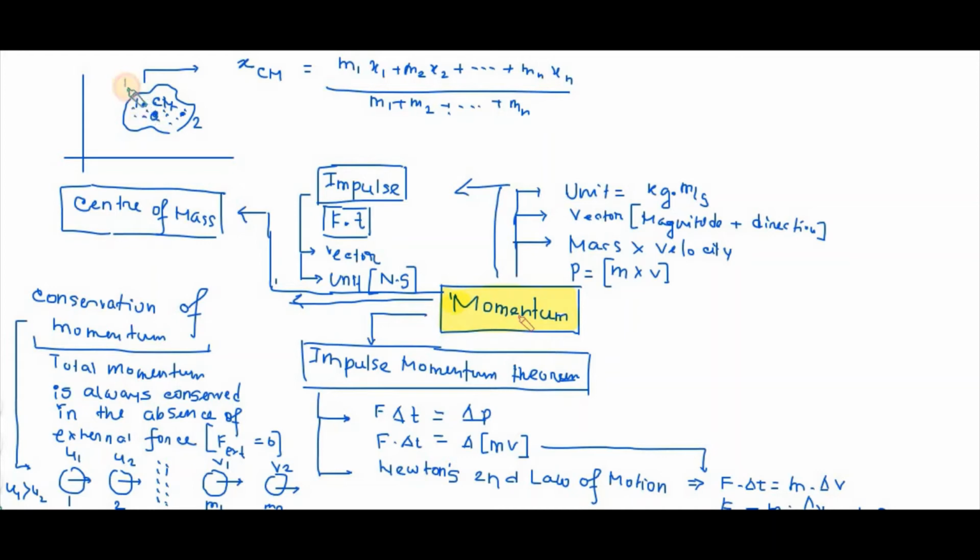The first point has mass m1, the second point has mass m2, and the location of the first point in the coordinate system along the x direction is x1, and the second point has coordinate x2. Along the y direction, the first is y1 and the second point has coordinate y2.